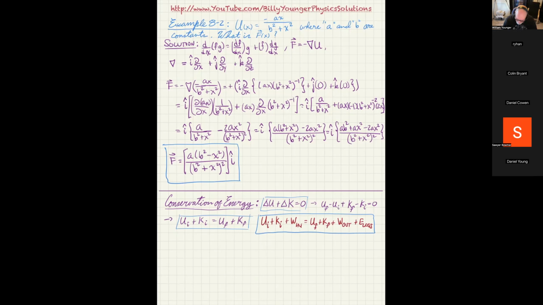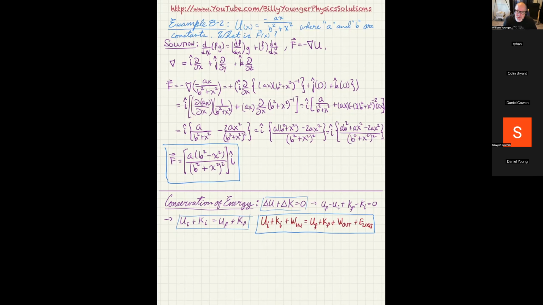But in addition to not being negative, except in that case, I want you to know that the W in could represent zero terms, but it could also represent one term, two terms, three terms, four terms, five. It could represent any number of terms. The same thing with the W out and the E loss.